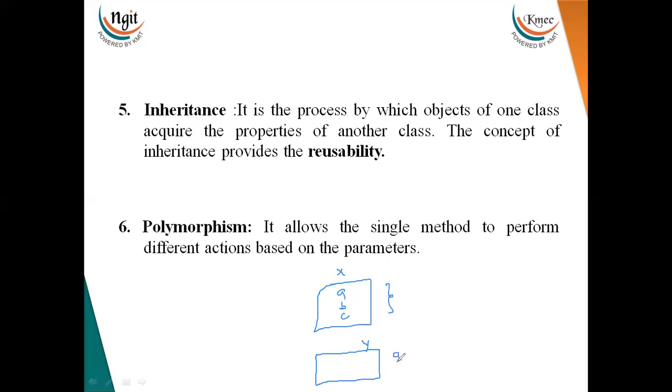So instead of rewriting, we will reuse the same code which is there in the X class. The existing class, we call it a super class, or you can call it a base class, or a parent class. So I want to take the features from the existing class or the super class into the newly created class, that we can call a subclass. So acquiring the properties from superclass to subclass, this mechanism is called inheritance, right?